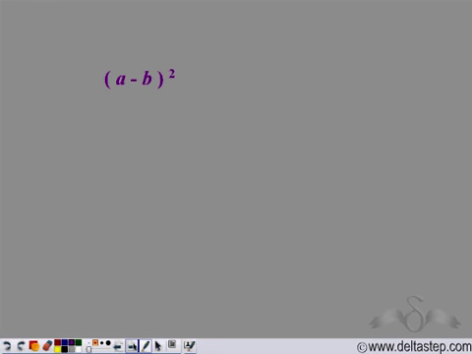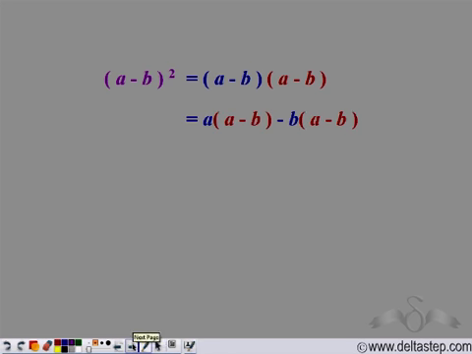Let us verify it using expansion. We have a minus b whole square. We can write it as a minus b into a minus b. Again we use the distributive property. So we take this a multiplied with this expression, minus b multiplied with this expression. We multiply the terms. A multiplied with a gives us a square.